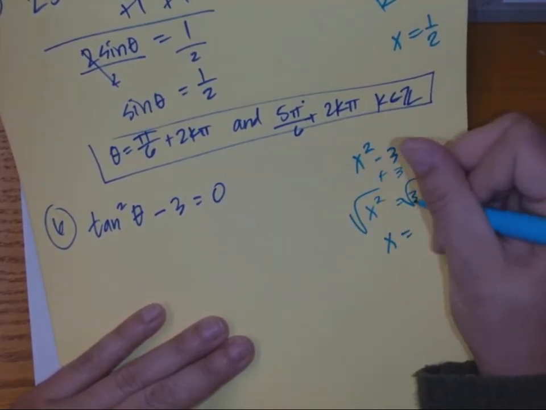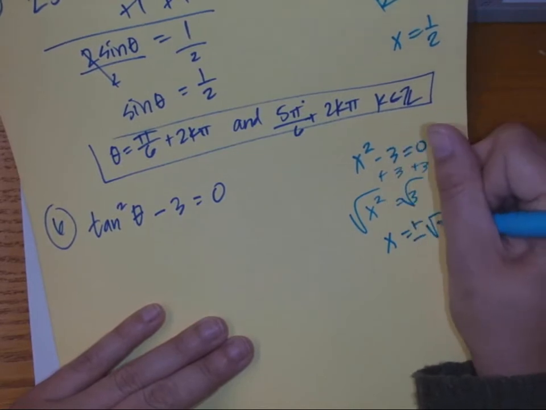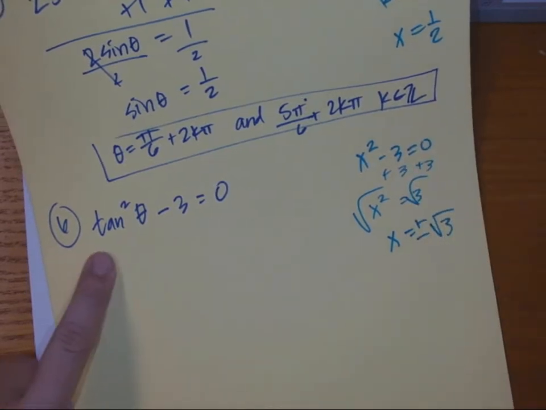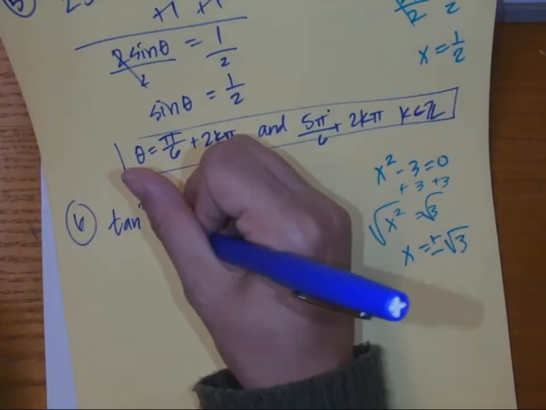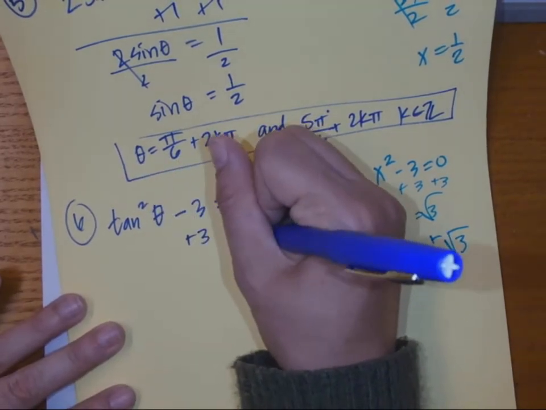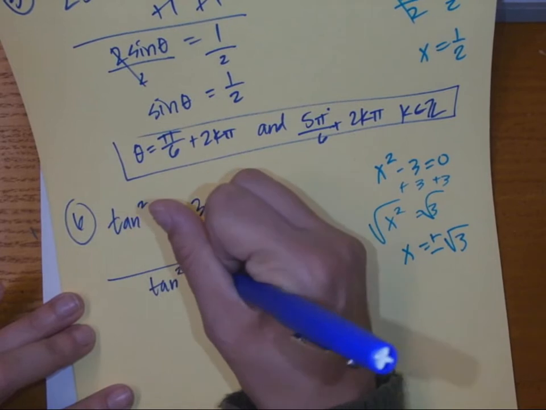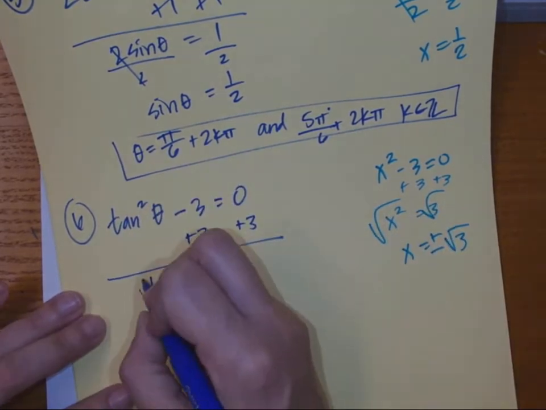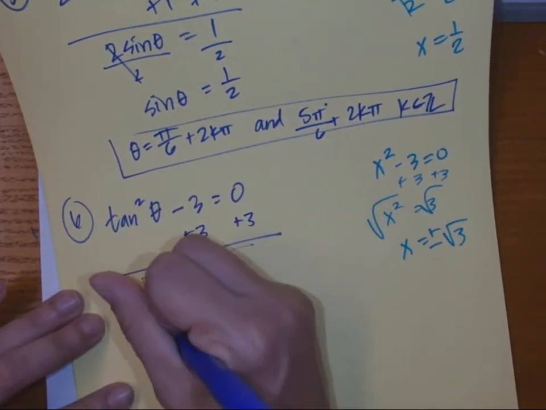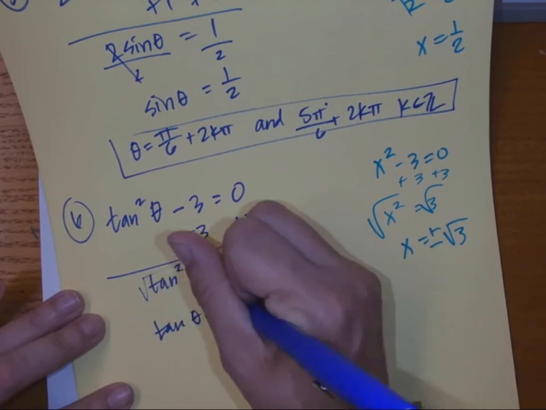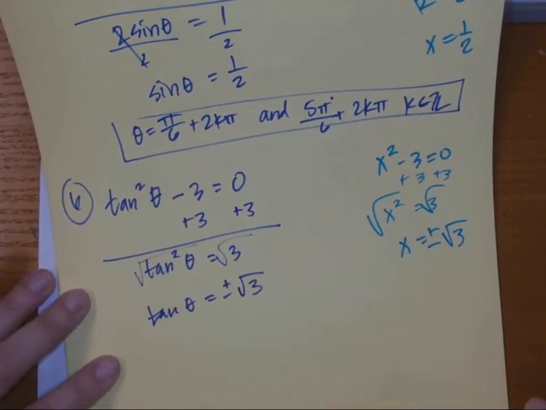And remember, if you take the square root in a problem, you have to do plus or minus the square root of 3. Same thing over here. Add 3 to both sides, and then we get tangent squared theta equals 3. Square root both sides, and so I get tangent theta equals plus or minus the square root of 3.